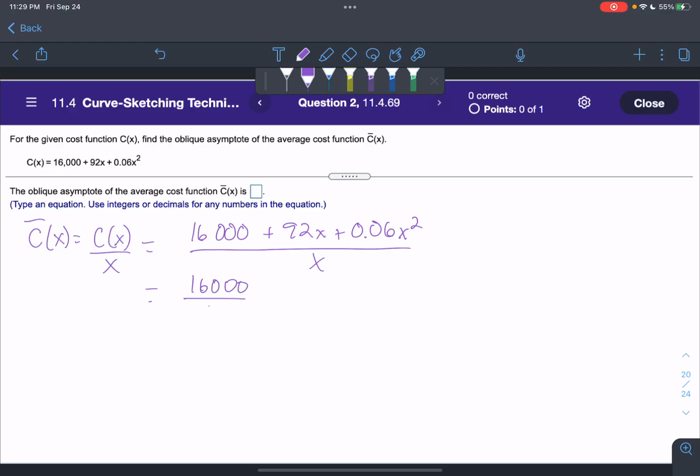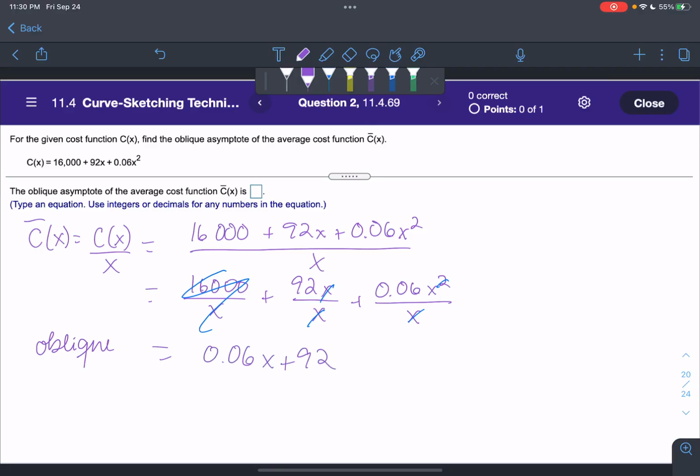They're the same if I do this, each over x. And again, I can play the same game, cancel out these x's, and drop this remainder term. And so my oblique asymptote is 0.06x plus 92. Okay.